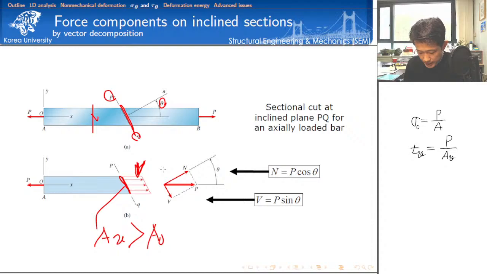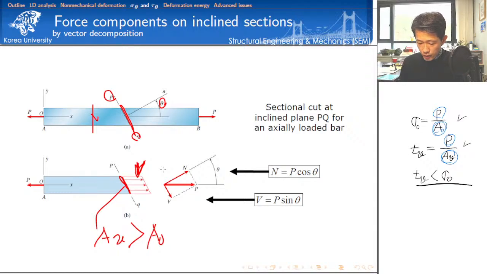Make sure that P is the same in both relations. But A naught is less than A theta, which means the traction on this inclined surface has a magnitude less than the normal stress sigma naught. Because the area changes. But by the way, these two equations satisfy the force equilibrium completely.